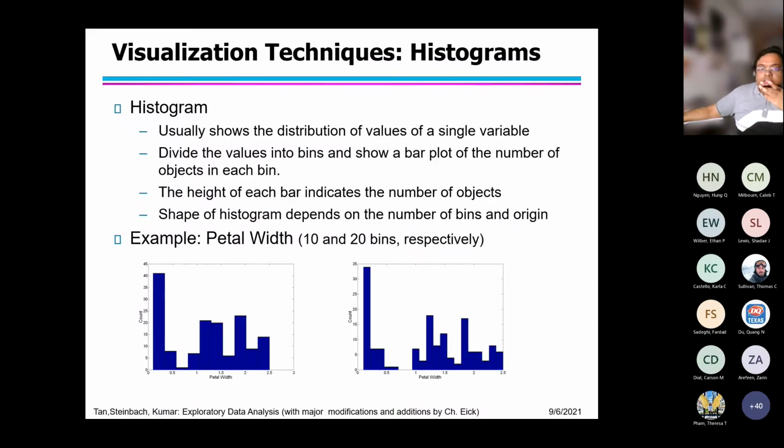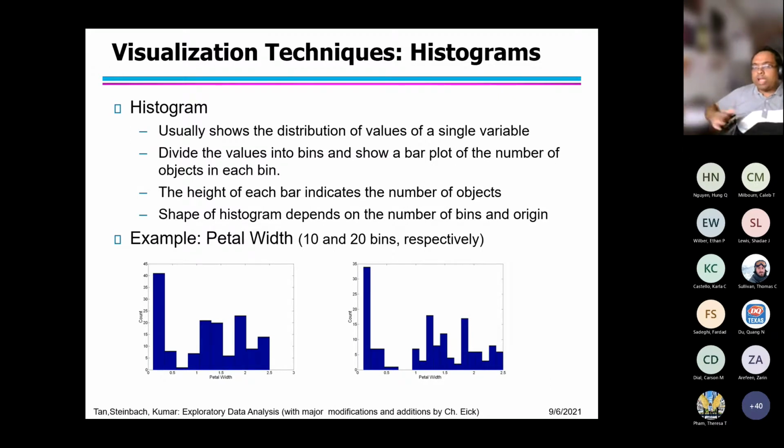Now let's go to the very common visualization techniques that you'll be using for your task 1 and task 2. These are the visualization techniques that you've all used, you've all seen in school and university. The most common of them are histograms. You all know what histograms are.